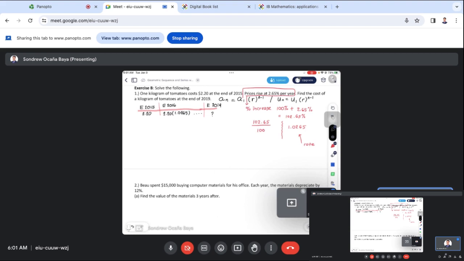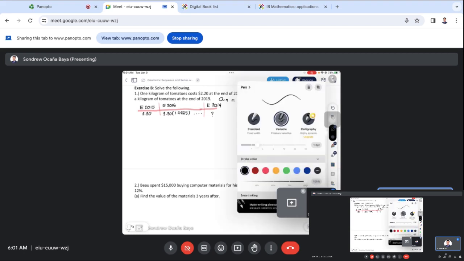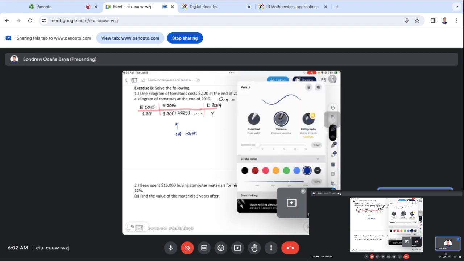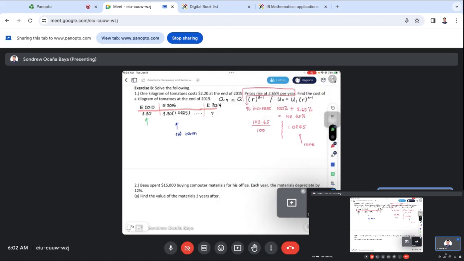Here it's up to you which one you would consider the first term. There are some books who consider this as their first term, while there are also some books who will consider this as the first term. Actually, it depends on your preference.